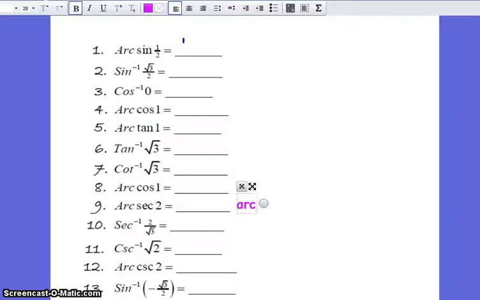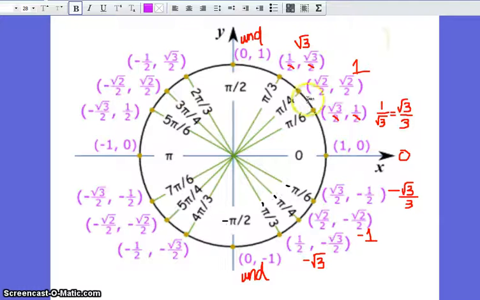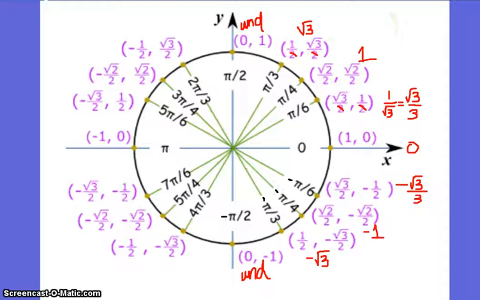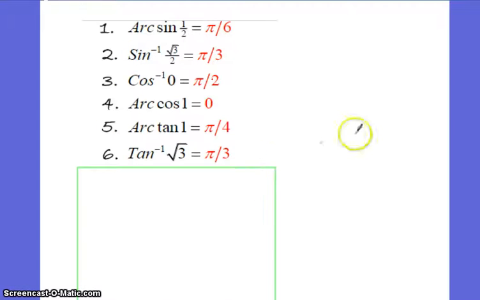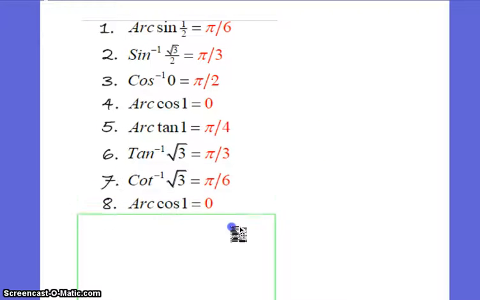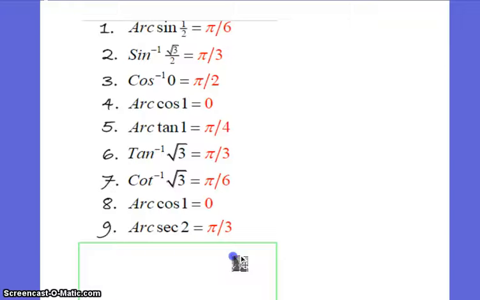So arc cosine of, what's the reciprocal of 2? 1 over 2. So arcsecant of 2 is the same as arc cosine of 1 over 2. So I go to 1/2, look for a cosine value of 1/2, and I see positive 1/2 right up here at pi over 3. And there it is.